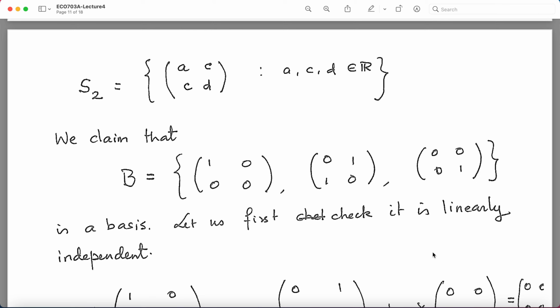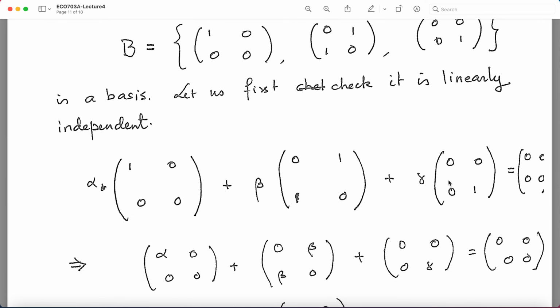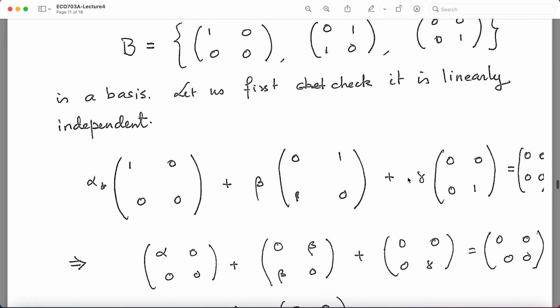Now, we want to claim that these 3 matrices, 1 0 0 0, 0 1 1 0 and 0 0 0 1, are the basis elements of S2. We are essentially saying that S2 is a 3-dimensional space, and indeed it will turn out to be. We will first show that these are linearly independent.